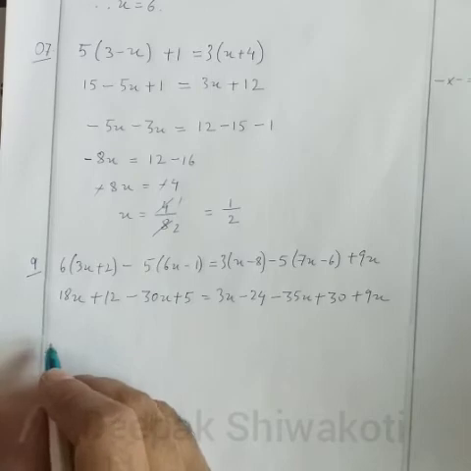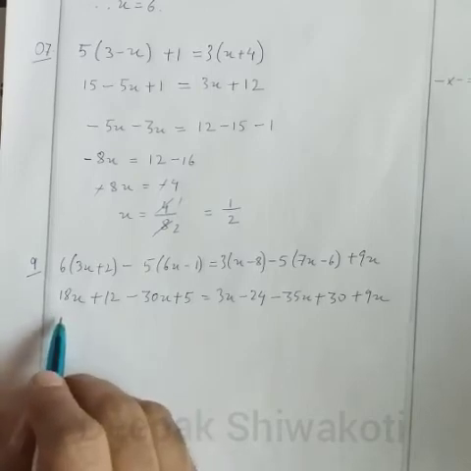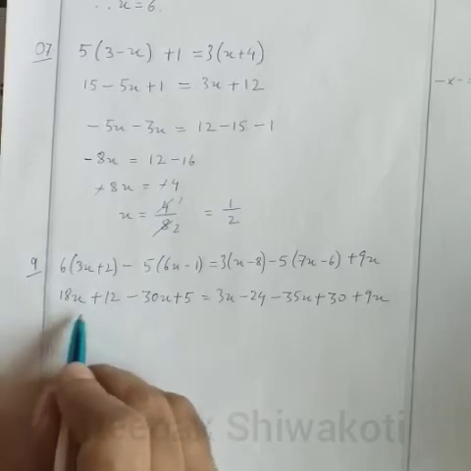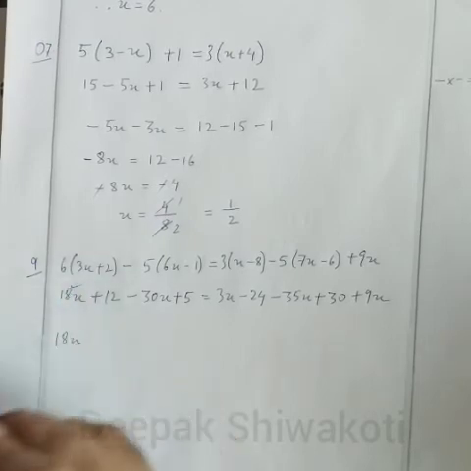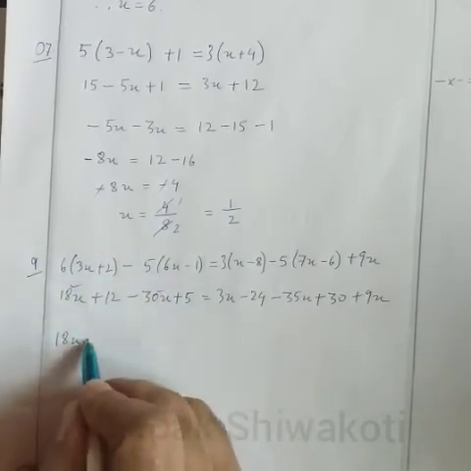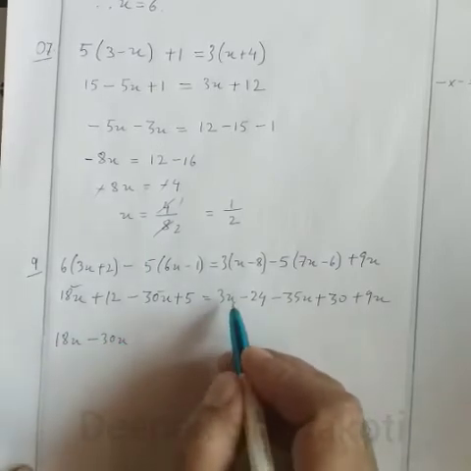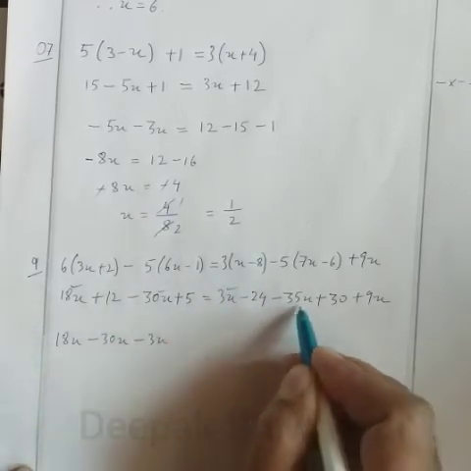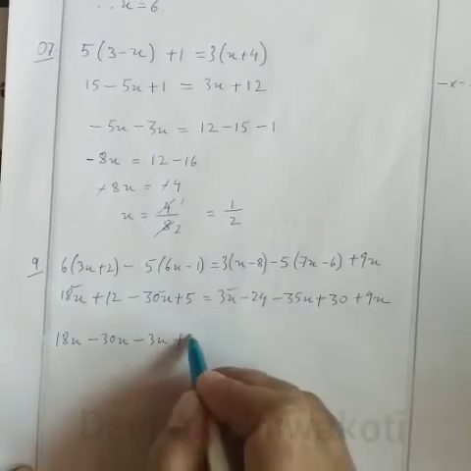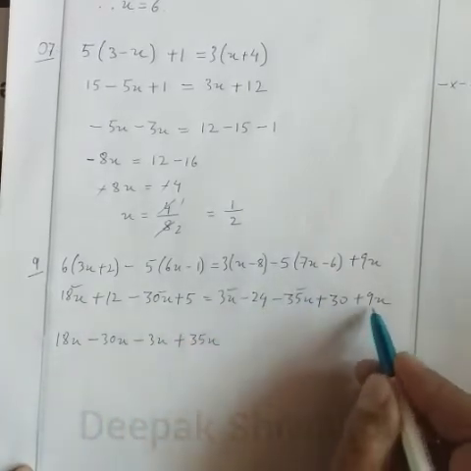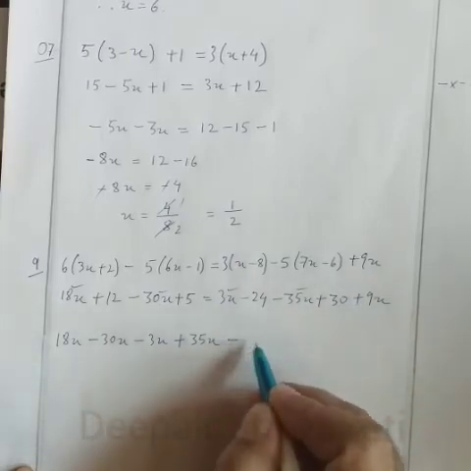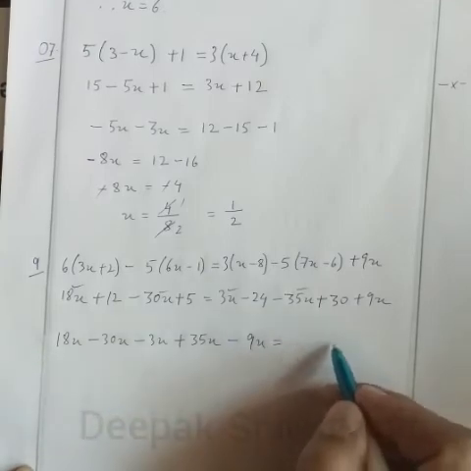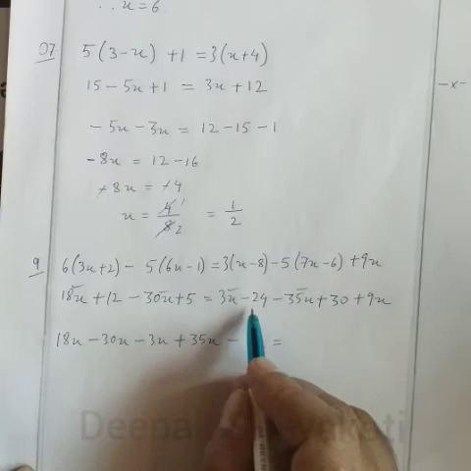now all the variables we will keep on the left hand side, that is 18x, this 18x and minus 30x, and from this 3x will come to this side, minus 3x, another is minus becomes plus 35x, and this 9x plus will become minus 9x, and all constants on the right hand side, that is minus 24.